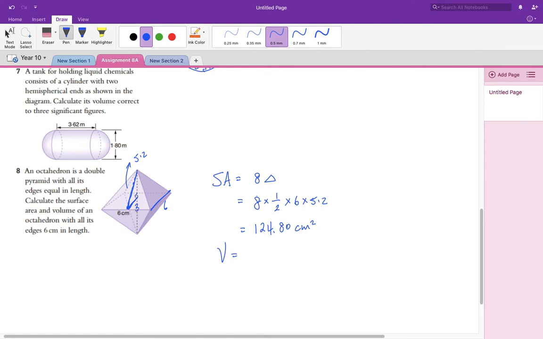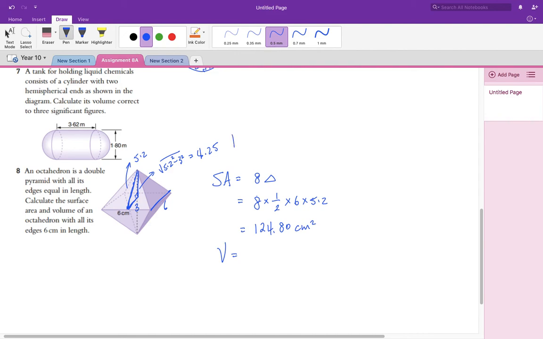Once again, this is a right angle triangle, so this side is equal to 5.2 squared minus 3 squared, which is 4.25. And it's two of the same pyramids added together.